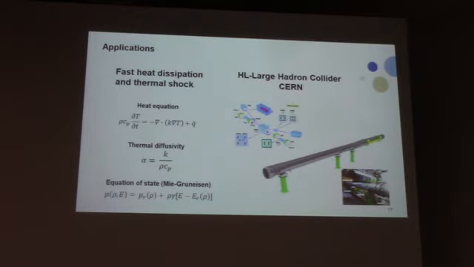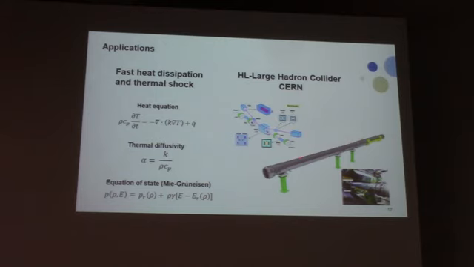But as I said at the beginning, we're now starting to study this material also from a mechanical point of view, because we need fast heat dissipation and thermal shock resistance, because this material is a core part of the beam damper of the new High Luminosity Large Hadron Collider that is going to be developed in the next few years at CERN.